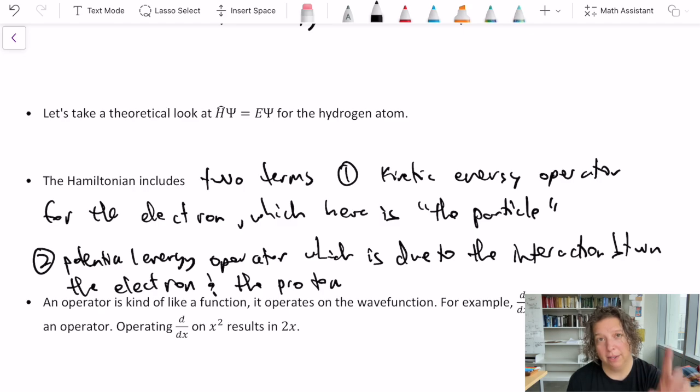That's an approximation. It's called the Born-Oppenheimer approximation. But the approximation is that since the proton is part of the nucleus, which is significantly more massive than the electron, the proton stays fixed in space, and the electron has kinetic energy that's pursuant to the potential that it feels from the proton.